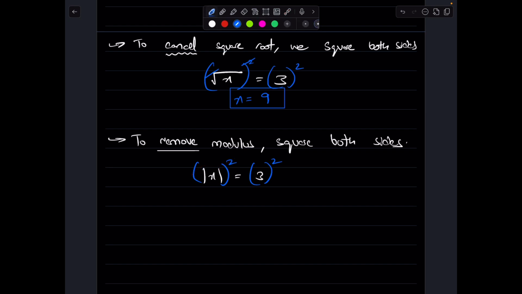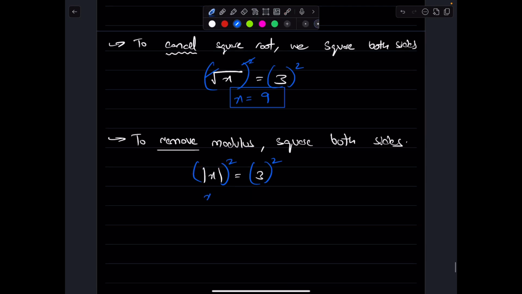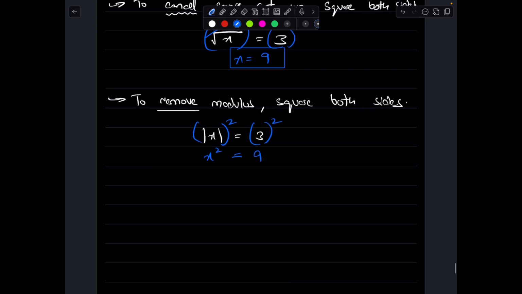Instead, we only square both sides to remove the modulus. The square will still remain, and we'll get x square equals 9. And then we'll square root both sides, and we'll get two values of x, and the two values of x are plus 3 and minus 3.